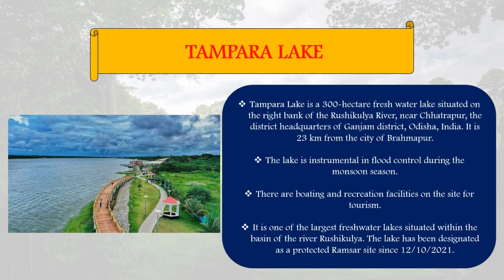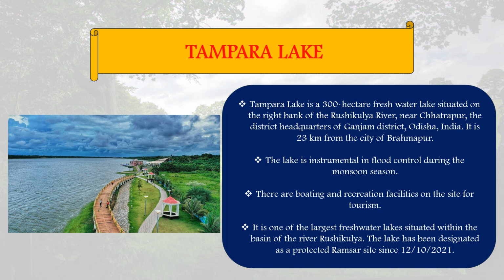Now, Tampara Lake, it has been recently added into the Ramsar site and designated as a protected Ramsar site since 12th October 2021. It's a 300-hectare freshwater lake situated on the right bank of Rishikelia River near Chhatrapur of Ganjam district, Odisha, India.